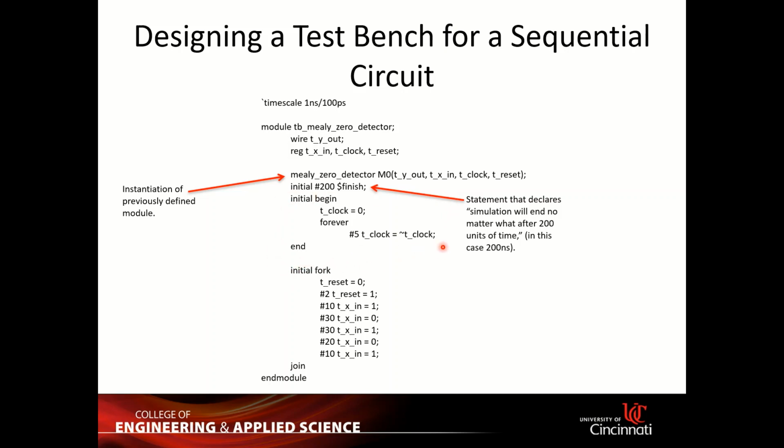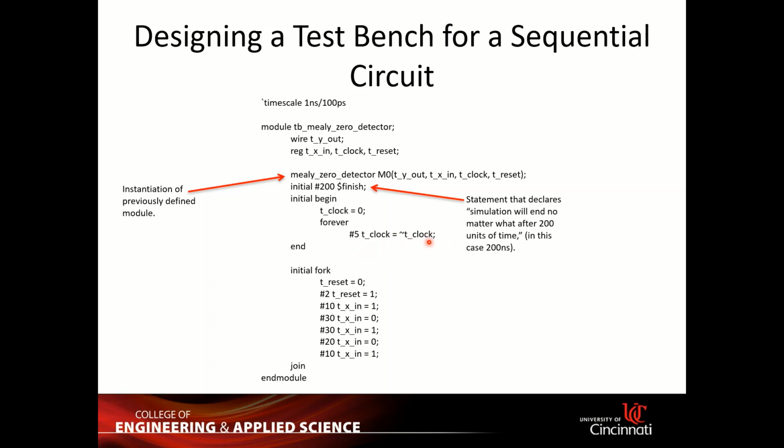For example, if you want to use an internal clock, you can define that here with the keyword initial, begin, end. Initially have the clock start at 0. Repeat forever: every 5 nanoseconds, flip the clock.